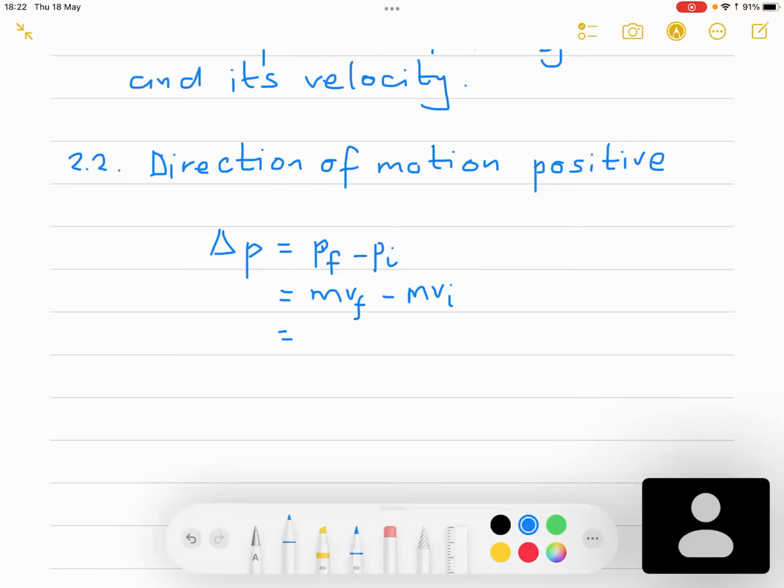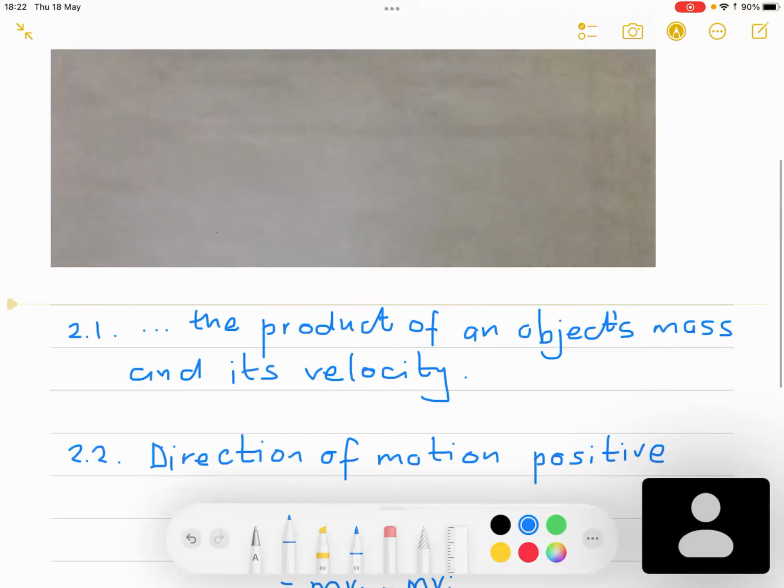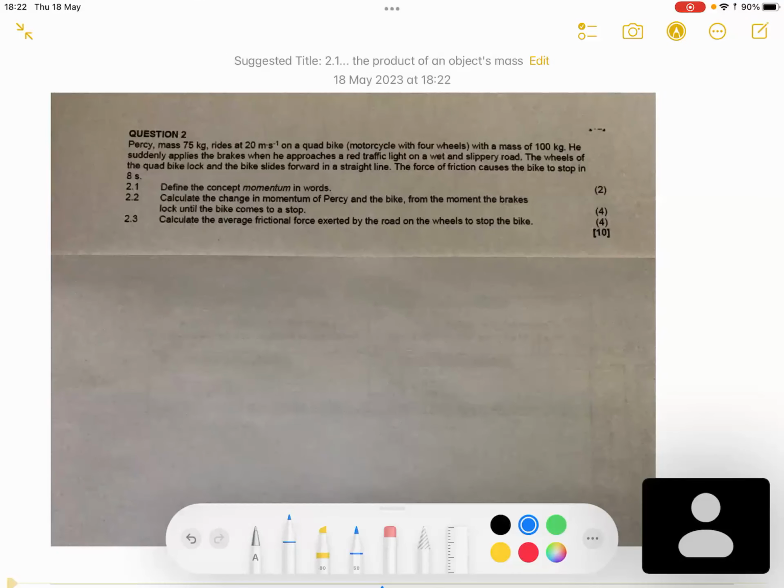Okay, and then they said here that his mass is 75 kilograms and the bike is 100 kilograms. Remember it comes to a stop and it said calculate the change in momentum of Percy and the bike.